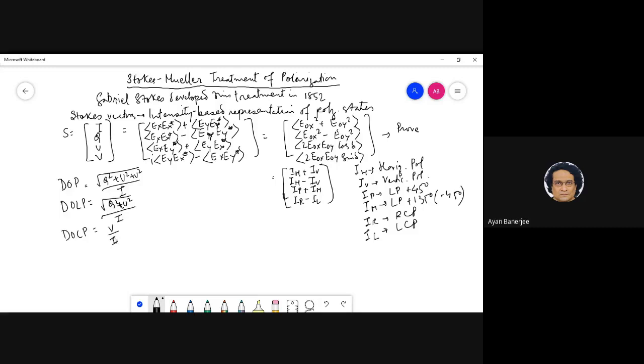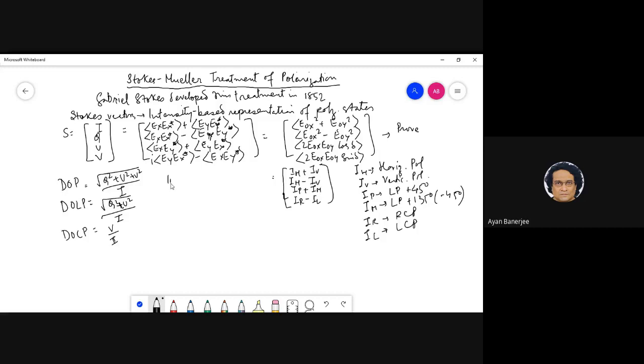So these are all things that should be clear. Now let's go step by step. The moment I write this kind of notation, you can straight relate this with the coherency matrix, because these are nothing but elements of the coherency matrix.